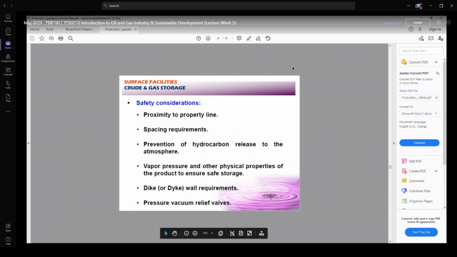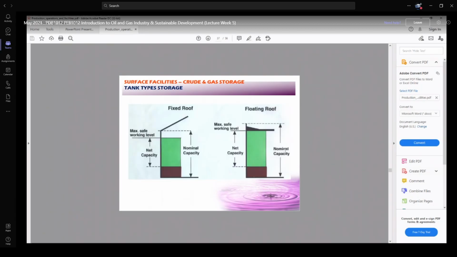Some safety considerations. Safety consideration means proximity to property line, some spacing requirements, prevention of hydrocarbon release to the atmosphere, vapor pressure, and other physical properties. Some dike wall requirements, pressure and vacuum relief valves, all these things are the safety requirements.